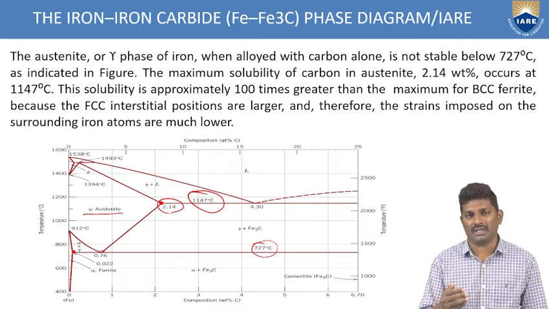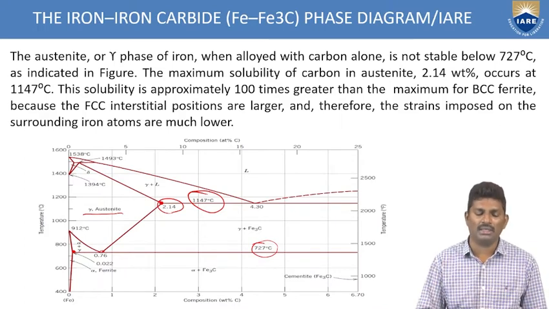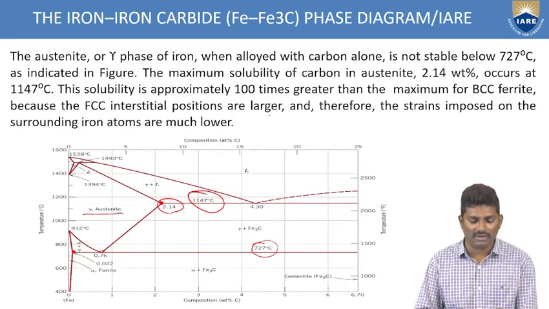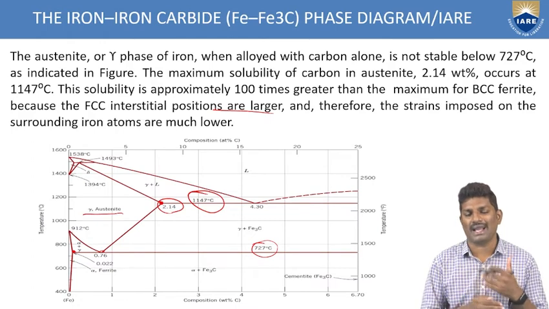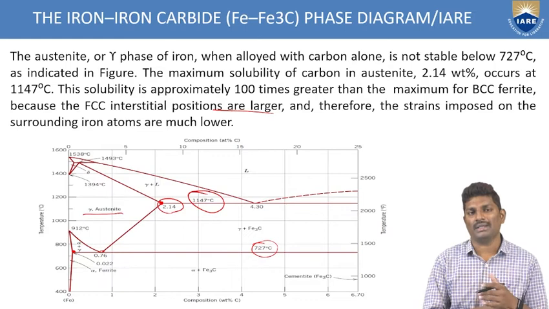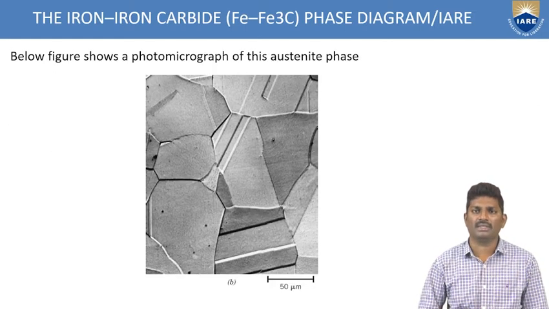For the BCC ferrite, since it is converting from BCC to FCC, the interstitial carbon content is very, very large, and because of that you get a sudden increase in the solubility limit at the austenite phase. This is how you can see it.